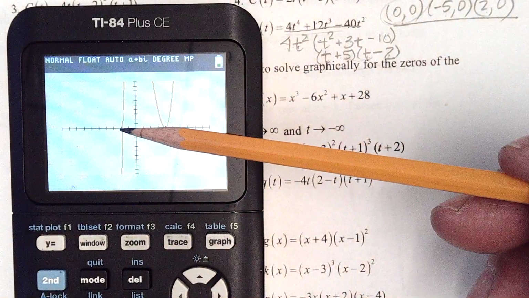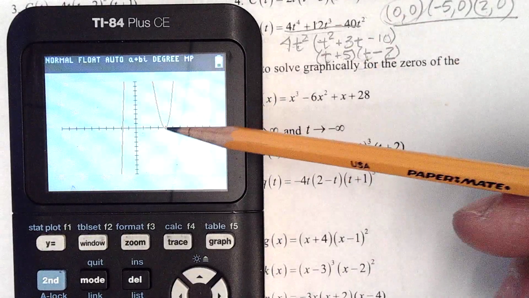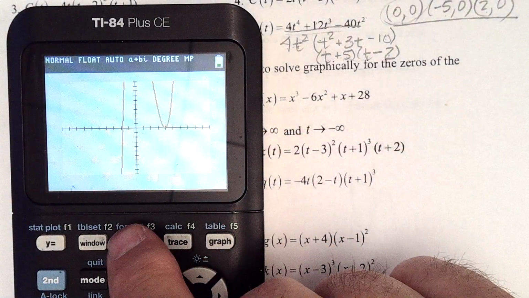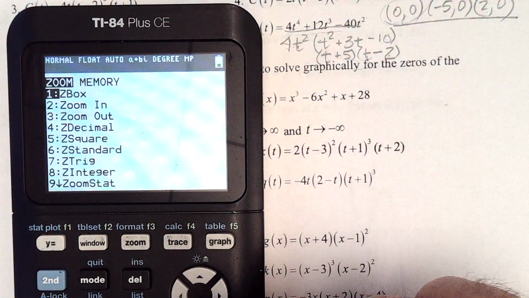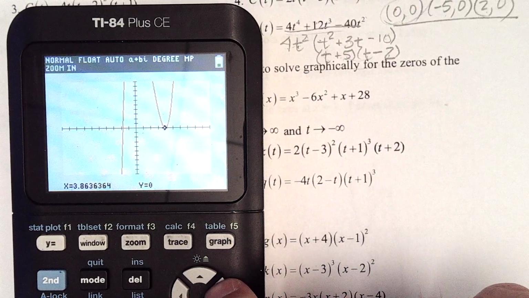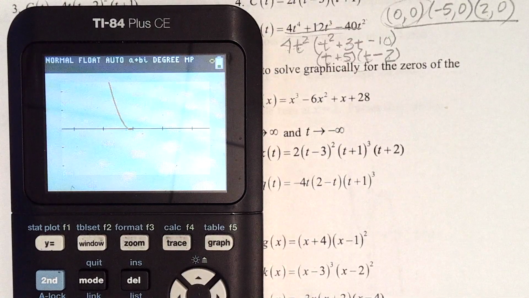Oh, that doesn't look like a nice thing. It's kind of really close to -2, but not exact. And then it's questionable what's going on there. So I'm going to zoom in at this place. Press enter. Oh, I'm going to zoom in again. Enter.